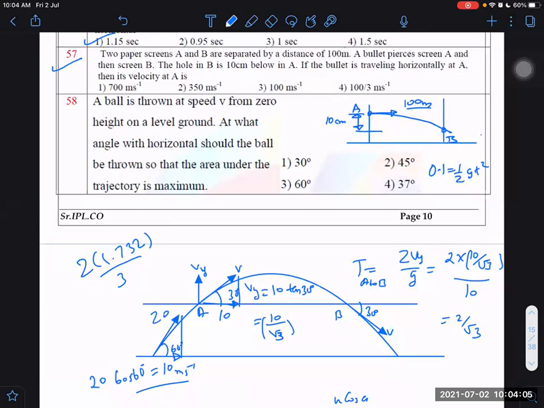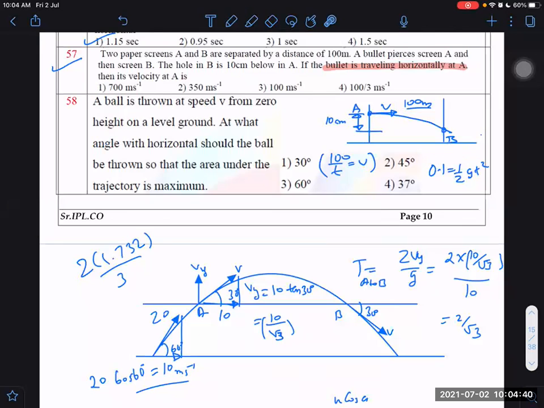They should have mentioned that. The answer would depend on that. They have mentioned it: bullet is traveling horizontally at A. Can you find its velocity at A? First you find time, then take horizontal speed, which will remain constant. So 100 divided by time will be the speed V. Distance covered is 100, speed is, let us say, V, so 100 divided by time will be V. Time we are getting from this equation.